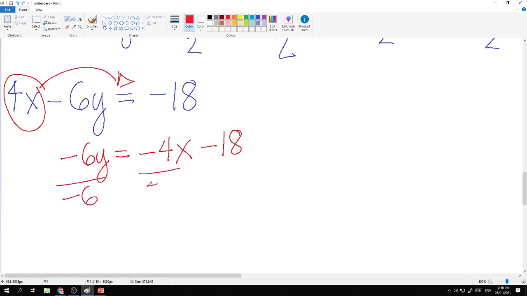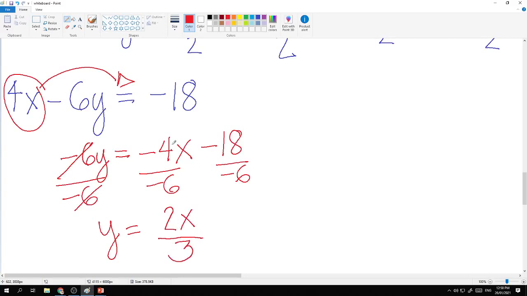Divide everything by negative 6, correct? Cancel out negative 6. Reduce 4 over 6. That's 2x over 3, divided by 2, divided by 2.